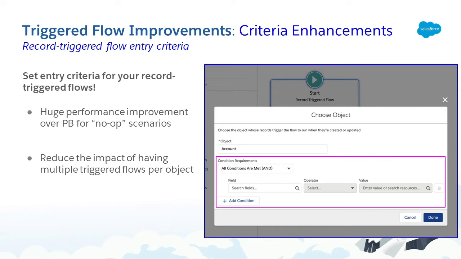This feature will also allow you to reduce the performance overhead of having multiple triggered flows per object. While it's often recommended to have a single process per object, we know that it's not always that easy in real life. Sometimes there may be different teams that all want to put triggers on a core object like case, but don't want to step on each other's toes when it comes to the implementation.